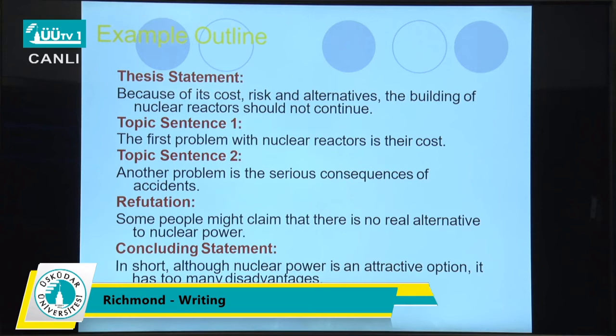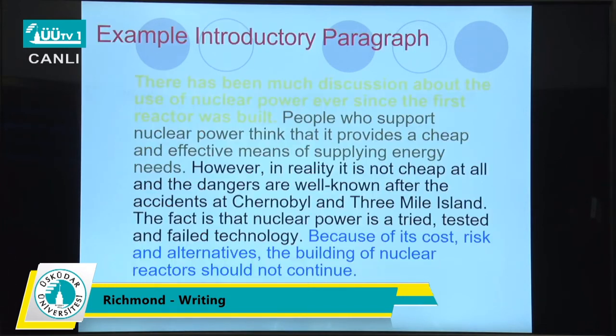We explain the other arguments, why some people think the other way. And at the end, we have our concluding paragraph. Our concluding paragraph is kind of a summary of our major points through the essay.